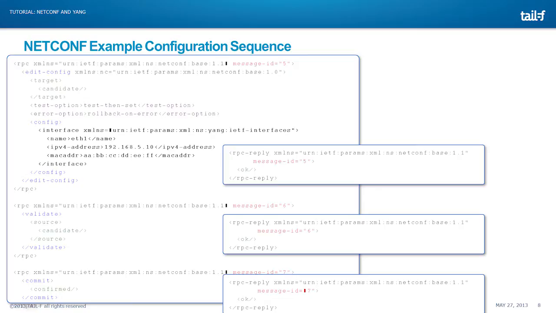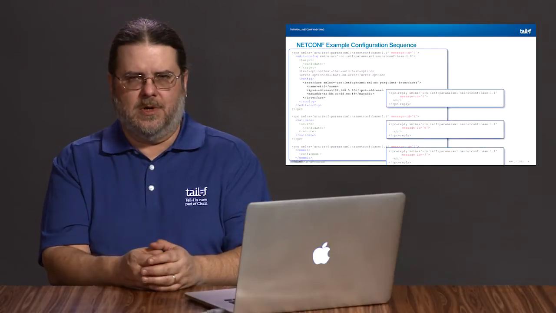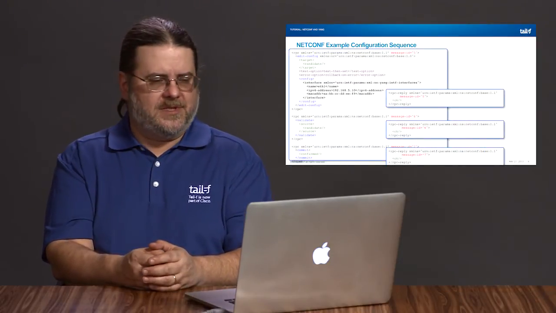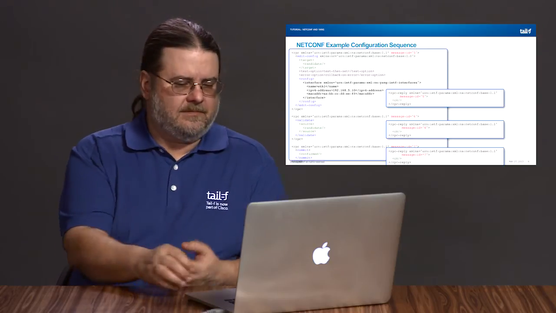So we ask it to validate. Again, we see the reply to message ID 6 of OK. Then we see the manager issue the confirmed commit, which is the commit operation with the confirmed option, and the device replies OK. We'll look at some more detailed protocol messages as we go through here.